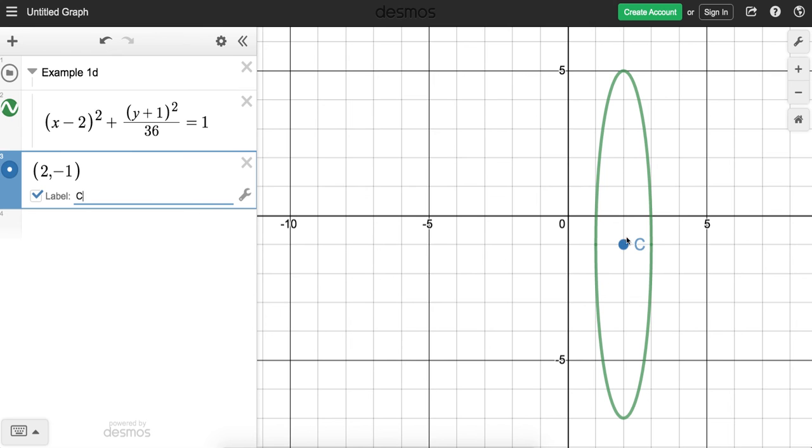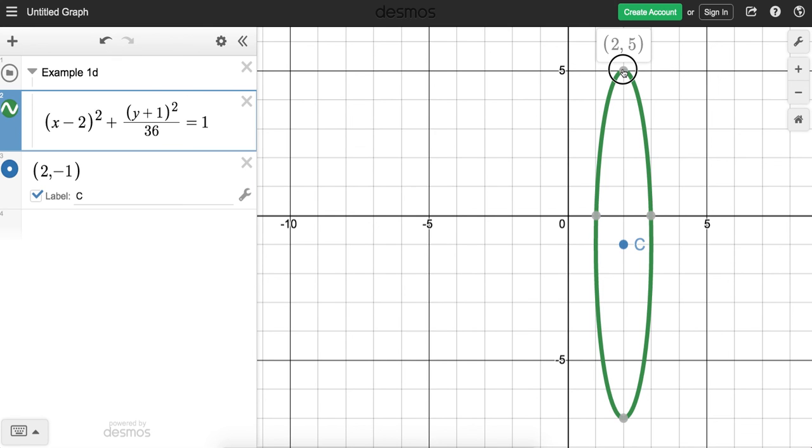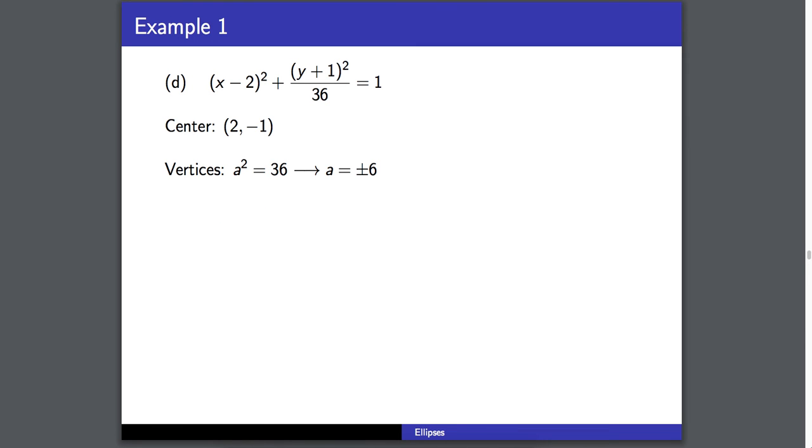So we're going to count up 6 spaces, 1, 2, 3, 4, 5, 6 spaces above. We got (2, 5). And then count 6 spaces below, 1, 2, 3, 4, 5, 6. We have (2, −7). So we're going to add and subtract that value of 6 to the y coordinate of our center since we're going up and down. So again, we get (2, −7) and (2, 5) for our vertices.